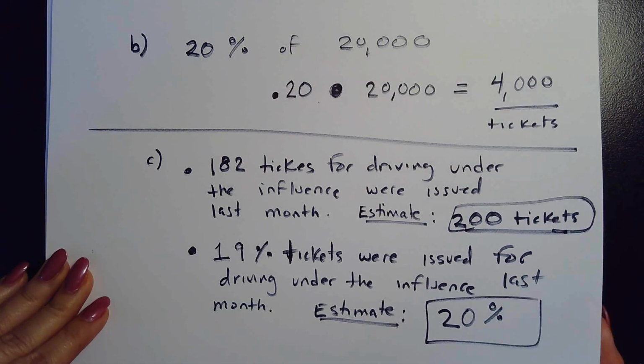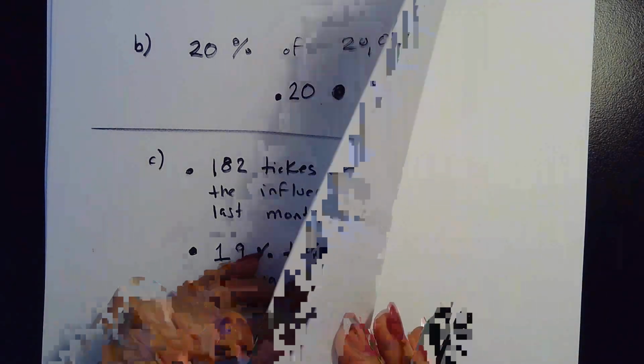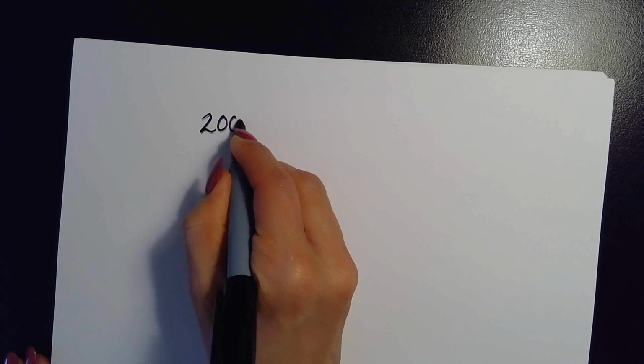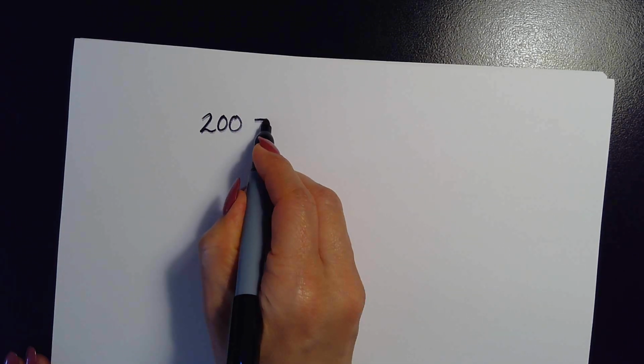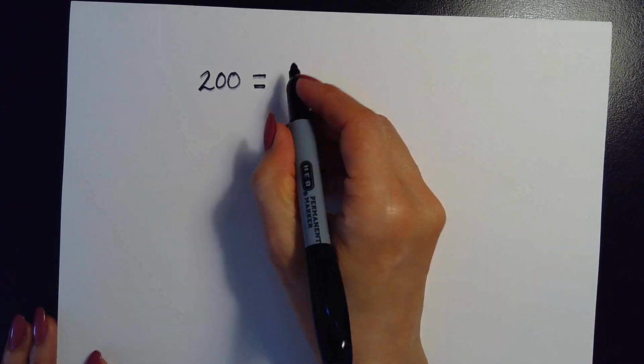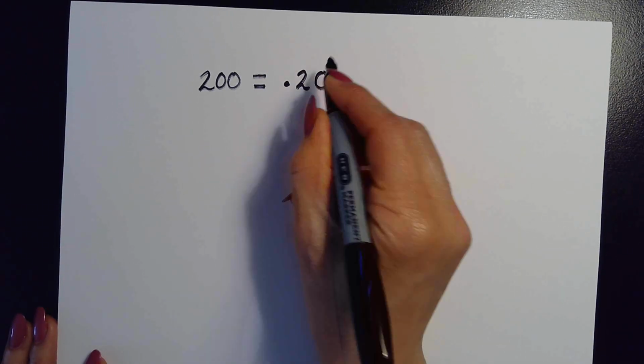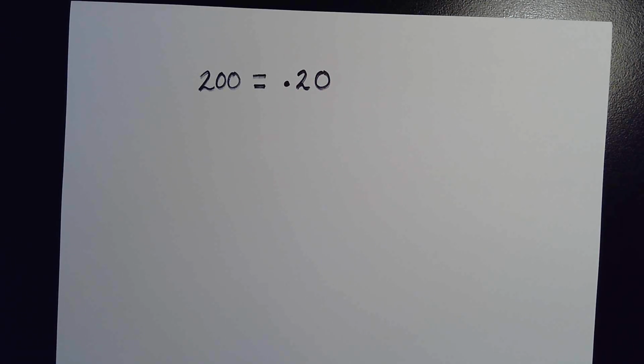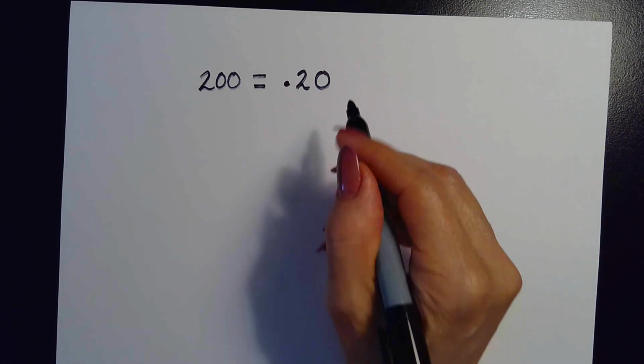Well, I'm going to write an equation, and I'm going to say that these 200 tickets for driving under the influence equal 20%, 0.20, of the total number of tickets issued last month.